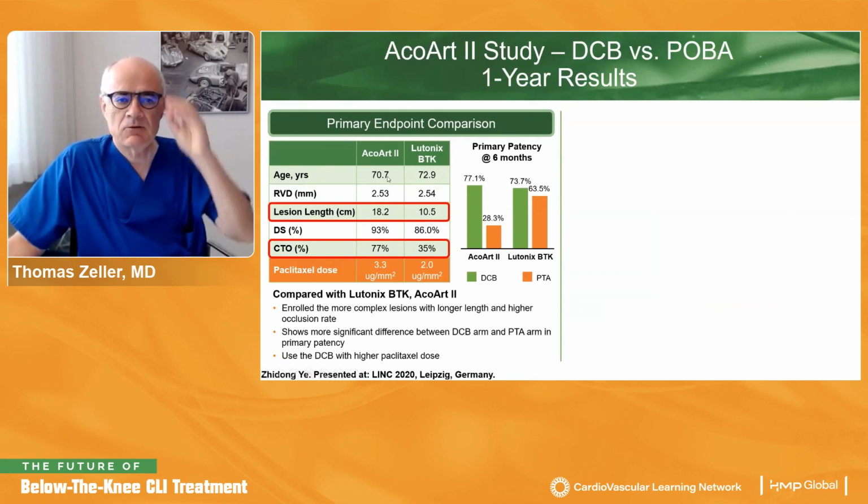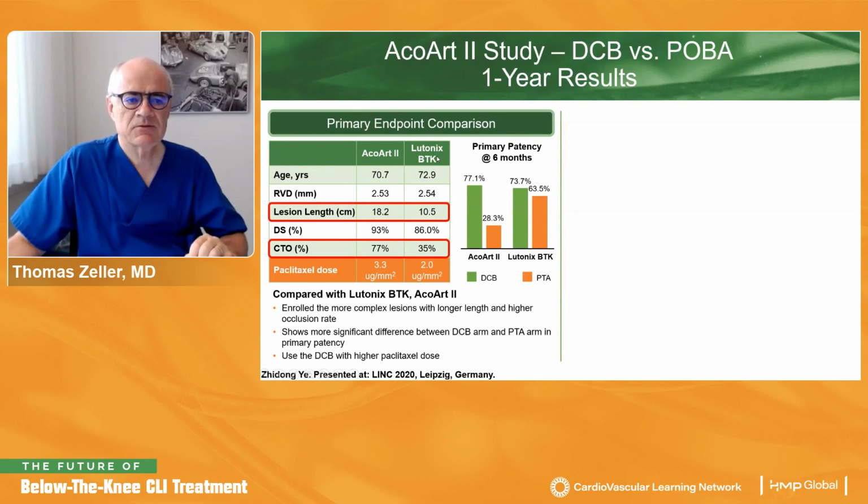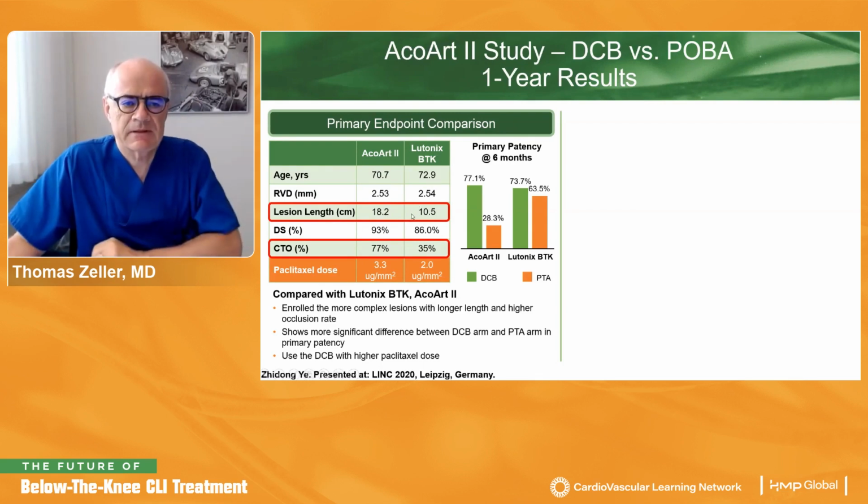If we compare now ACOR2 with the Lutonix trial, we can see that the lesion length was significantly longer in ACOR2, so this is more real life, and the CTO rate was much higher in the ACOR2 study. And interestingly, if we look on the performance of the DCBs in those both cohorts, the absolute numbers are very similar.